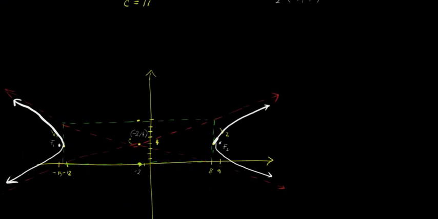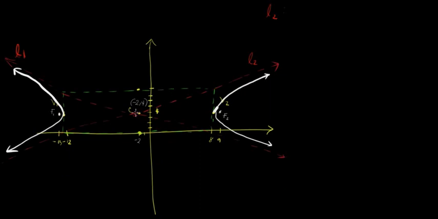Yung first asymptote natin, this is L1. So this is L1. And this is L2, line 1, line 2. So asymptote 1, line 1, what's the equation? Line 2, what's the equation? If you'll notice, from the center, the slope of line 2 is, tataas tayo ng B units. Tama, this is B units.